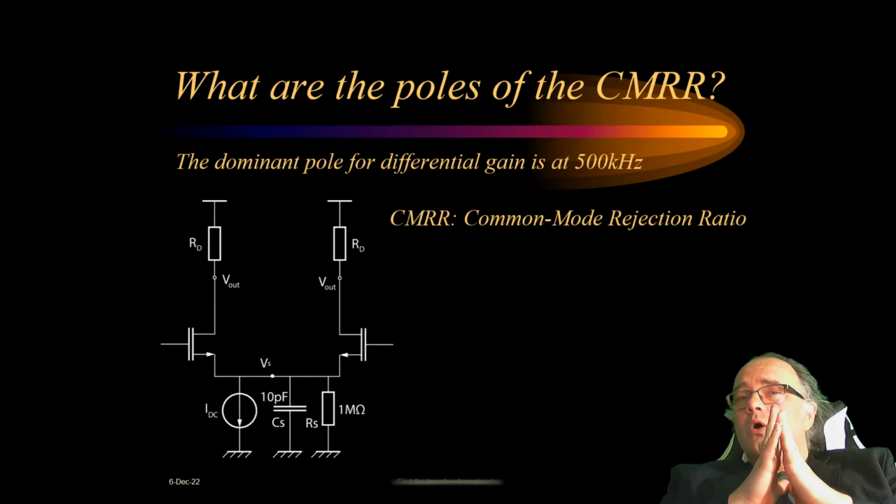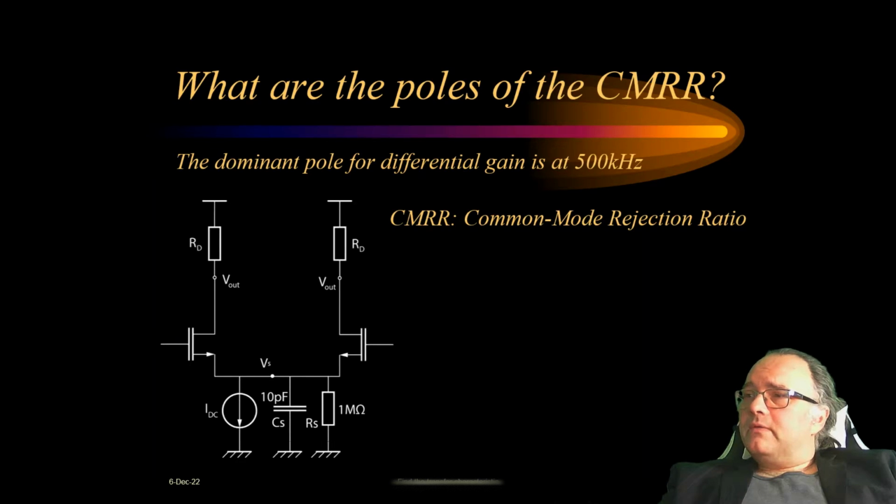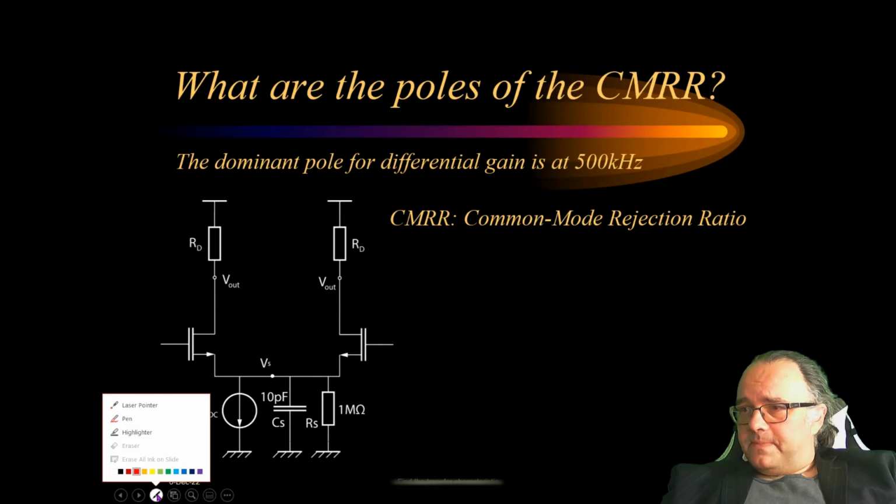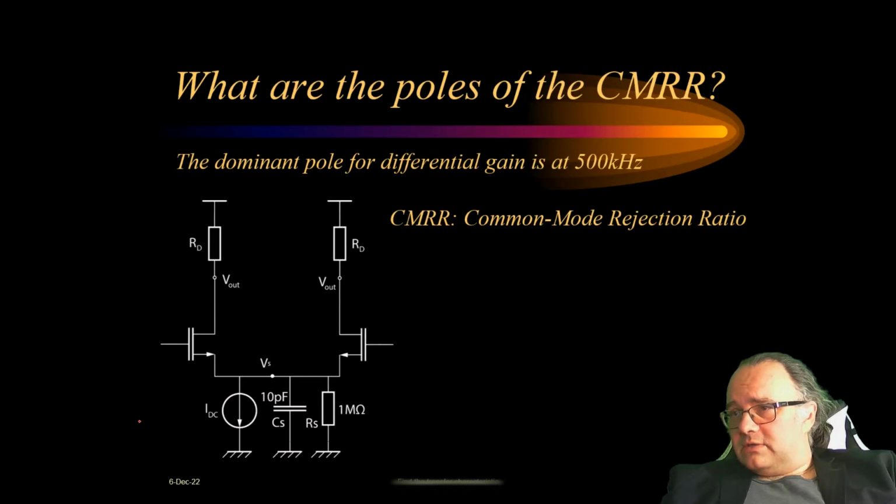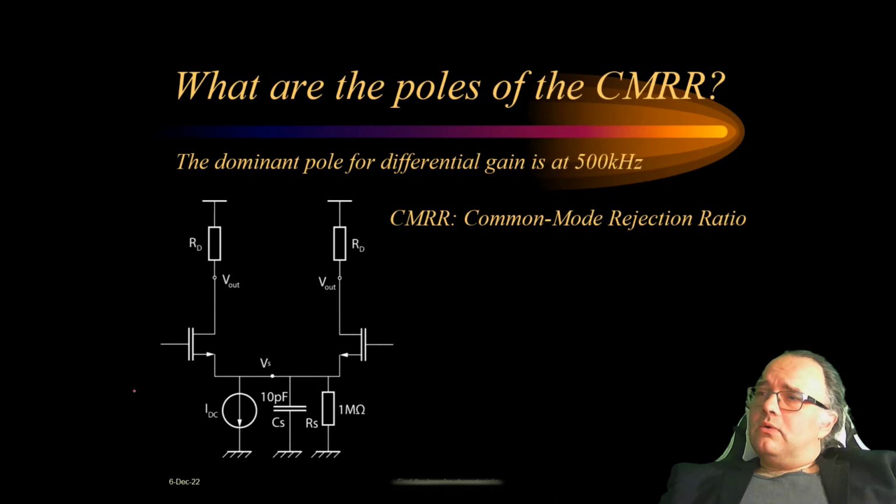So what are differential signals? Now, this circuit is meant to operate with differential signals, hence the name differential pair. Differential signals are two signals that change in opposite phase.